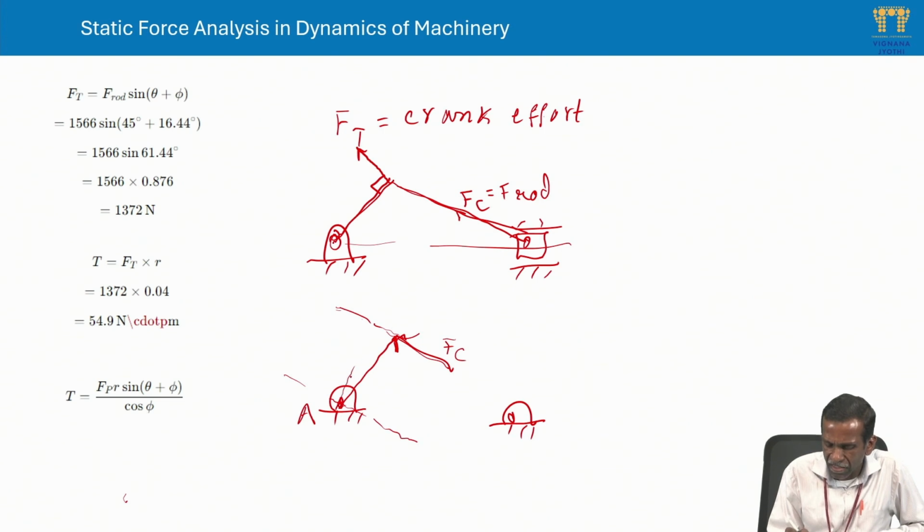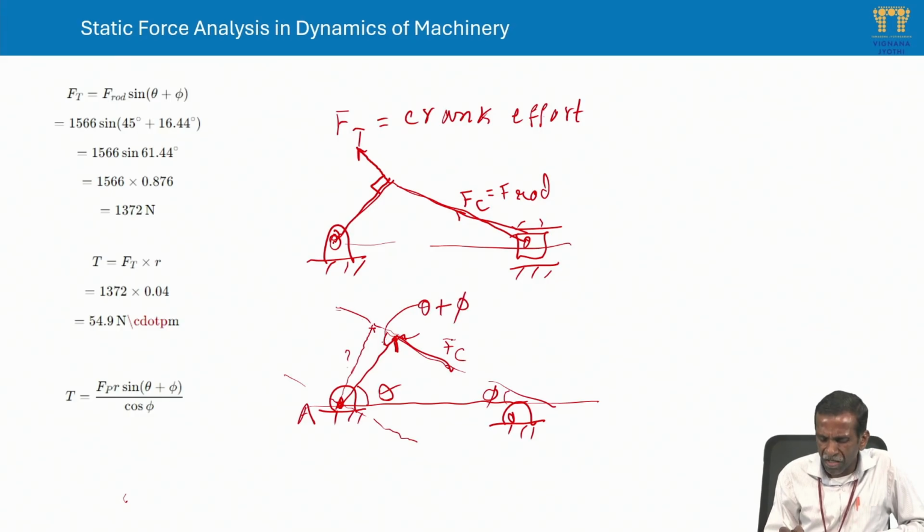Is it this perpendicular distance? What is this value? We know this angle is theta, and the connecting rod goes like this, then this angle is pi. Then this angle comes theta plus pi.